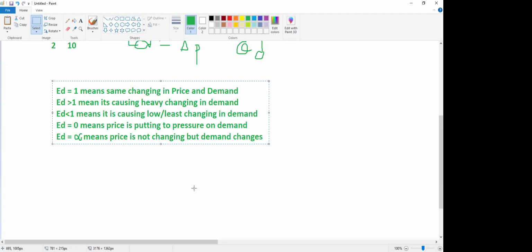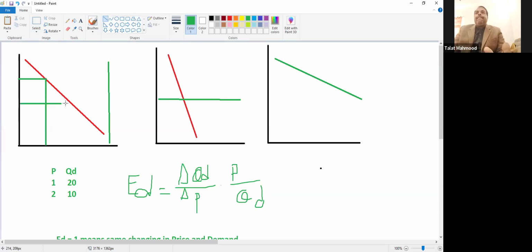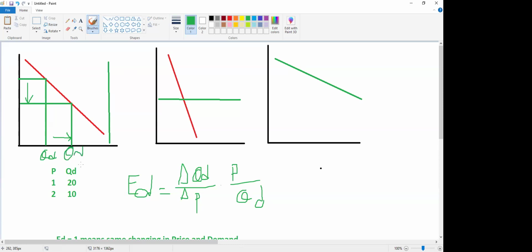Yes, sir. Okay, so now we see in these questions, if price is on this side, a decrease in price is causing the same rate of change in increase in quantity demanded.